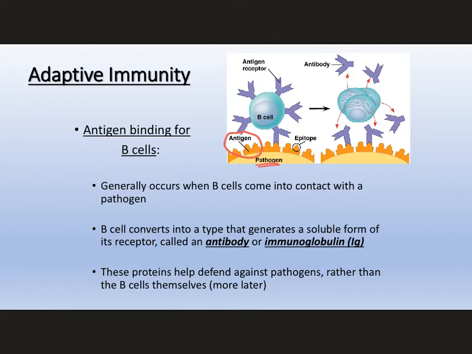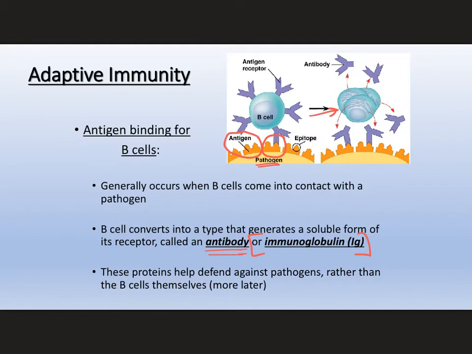When a B cell comes into contact with this, its receptor binds to the antigen, and then the B cells begin to create a soluble form of the receptor. These are called antibodies. In medical school, these are referred to as immunoglobulins. You have to know that more specific term if you decide to go down that path. But for now, we just call these antibodies.